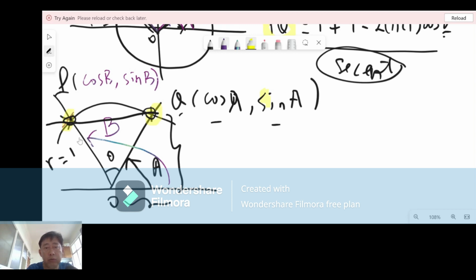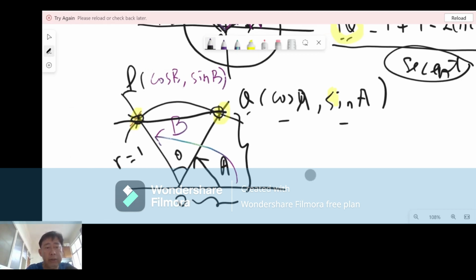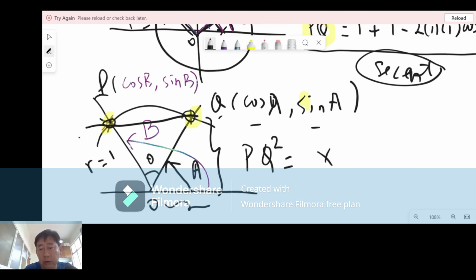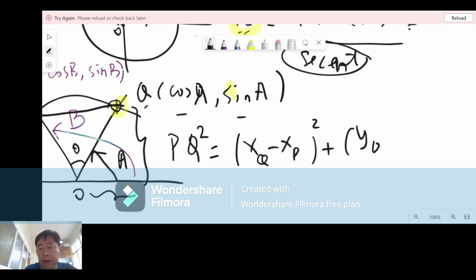It is just equal to the difference between the x coordinates squared between P and Q, and also the y coordinates squared between P and Q. So the length of PQ squared is just the difference between the x coordinate of Q and the x coordinate of P, squared, plus the y coordinate of Q minus the y coordinate of P, squared.